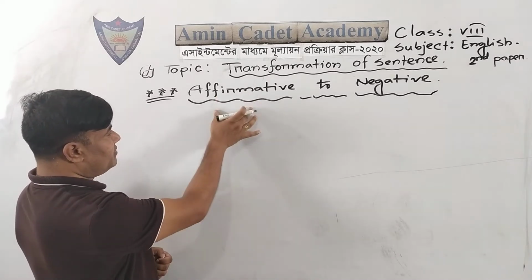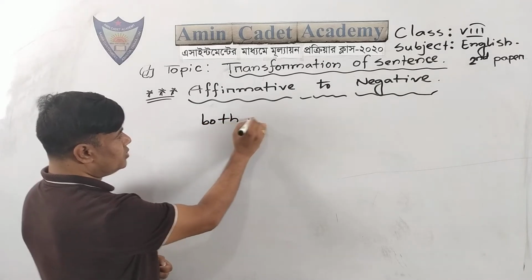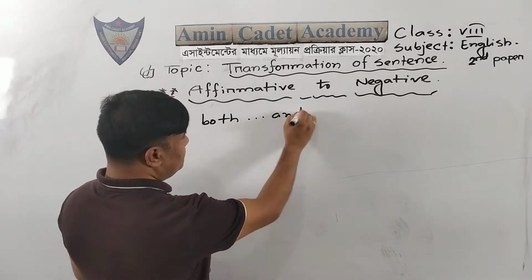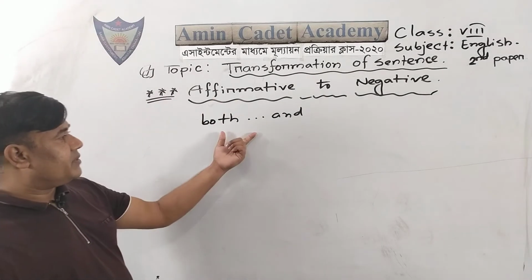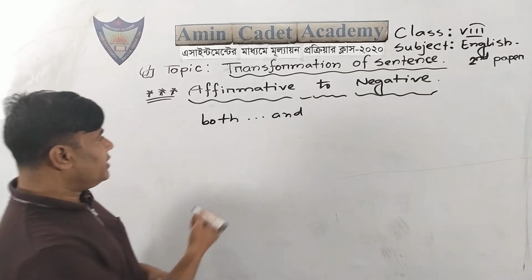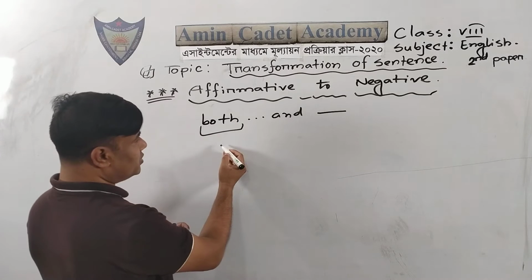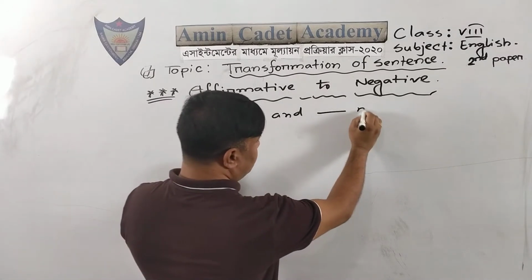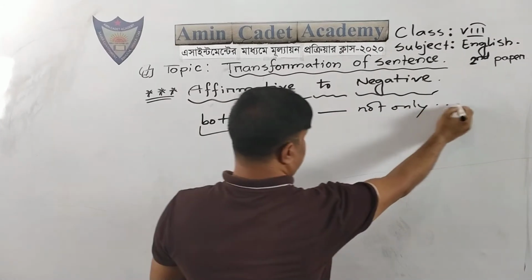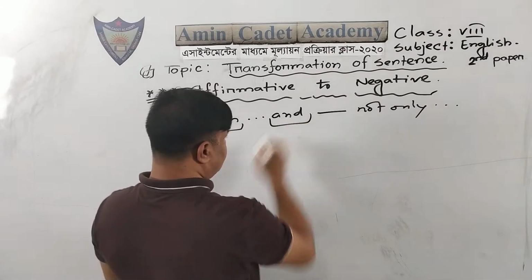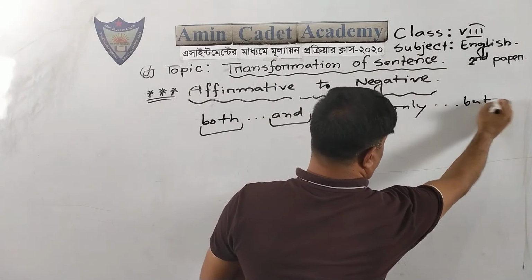If an affirmative sentence carries both ... and, then how will you change this affirmative sentence into a negative sentence? Follow here. Instead of both, you must write not only, and instead of and, you must write but also.